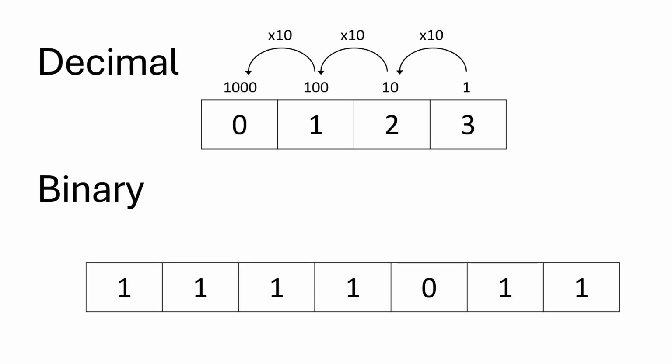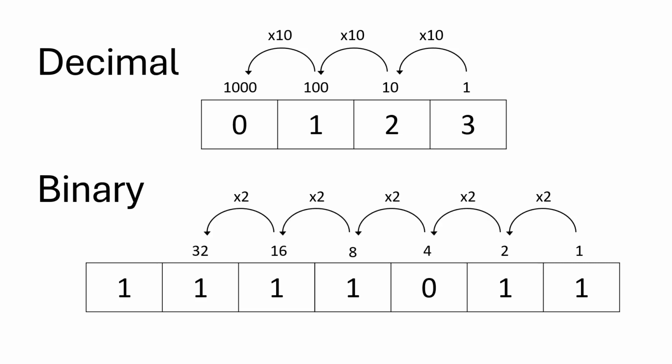Similarly, in binary, we start with 1 in the first column, and then multiply the value of each column by 2, effectively doubling it. So we start with 1 on the right, and from there on multiply each number by 2. So the next number would be 2, and then we keep multiplying each column by 2 again. 4, 8, 16, 32, and so on.